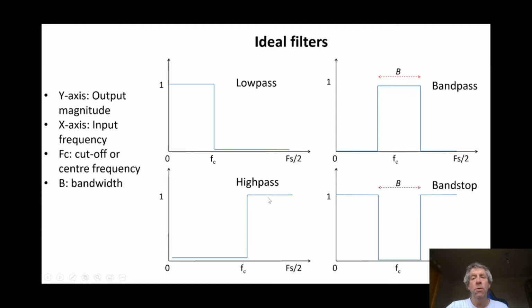Another important ideal filter is the high-pass filter, which tries to remove all of the low-frequency content up to that cutoff frequency and keep the higher frequencies. Similar to those two, we might have a filter that tries to remove all content except for content over a particular range, where it tries to leave that unaffected.